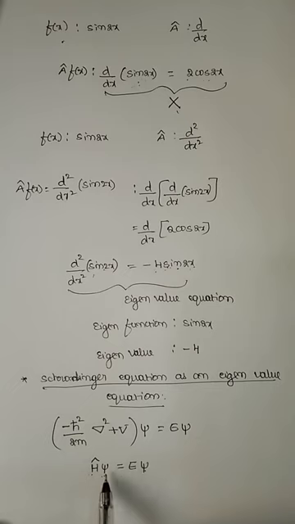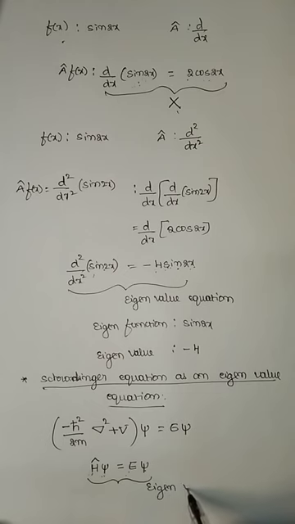We know that H cap is the Hamiltonian operator, right? So H cap is operating on psi so as to give the function psi once again, but multiplied with the constant E, so that it completely satisfies all the conditions of an eigenvalue equation. So we can call this an eigenvalue equation.